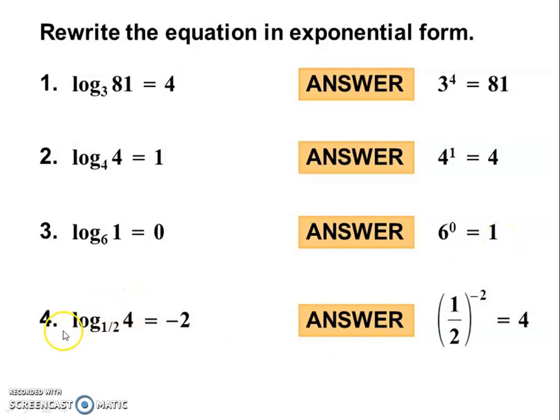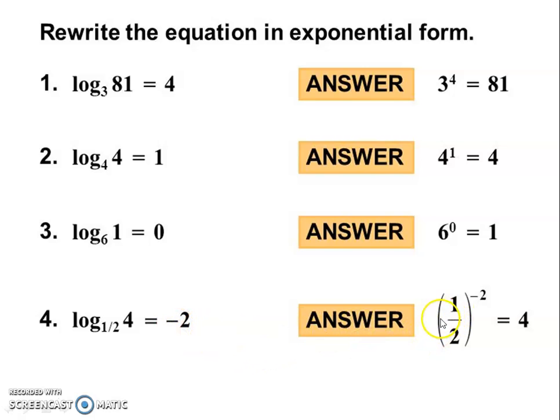Now I take the fourth example in a different way. Here the base is positive but it is a fraction. That is log of 4 to the base 1 upon 2 is minus 2. So it is easy. Always remember that the base is 1 upon 2, so you should write 1 upon 2.